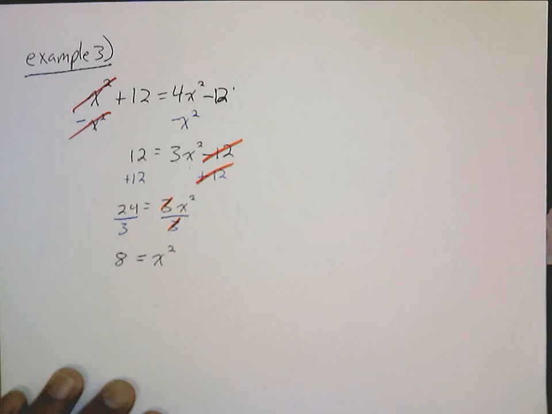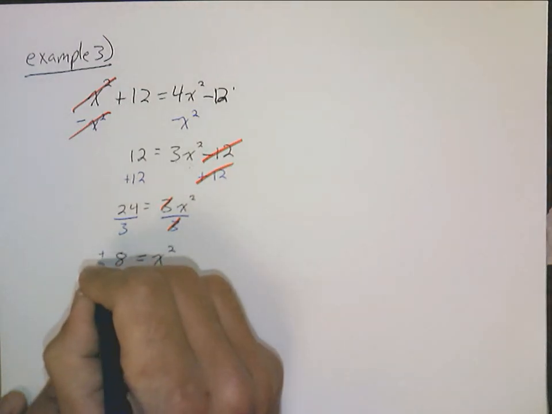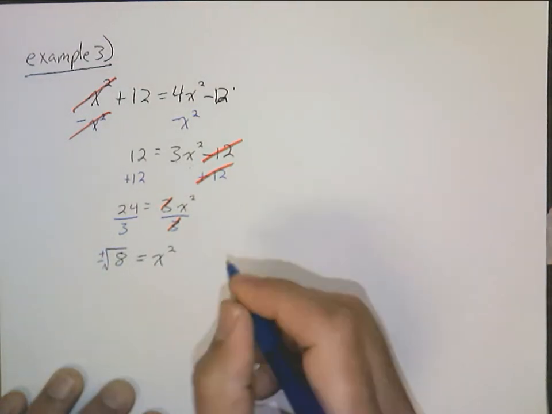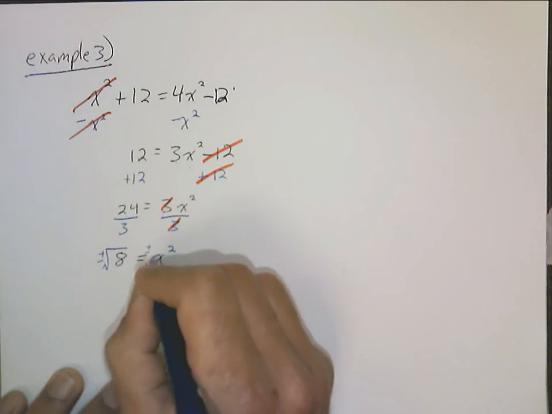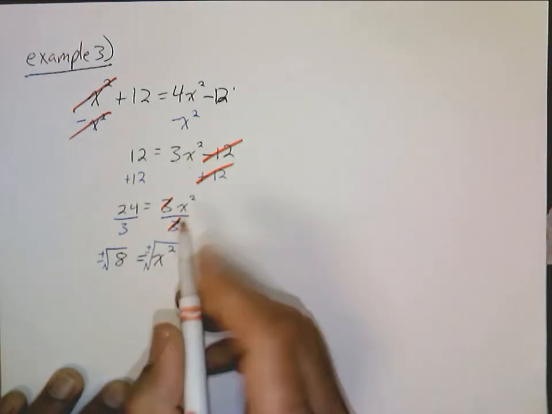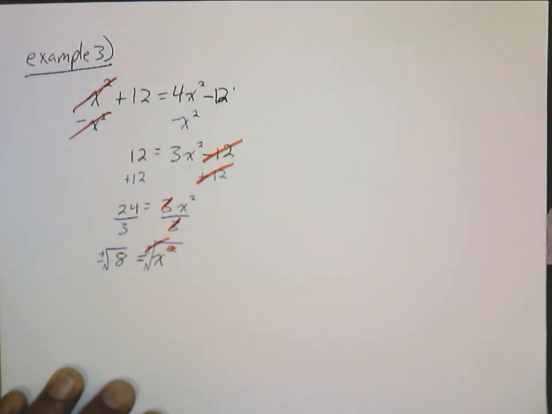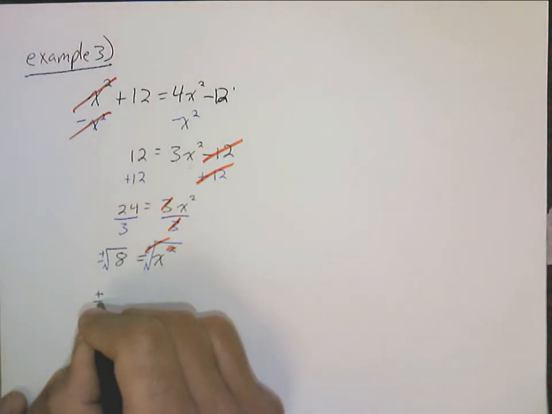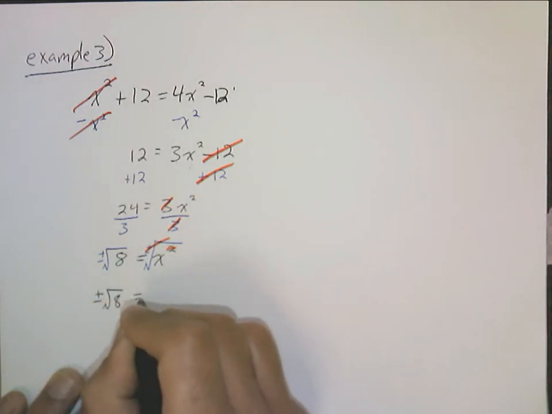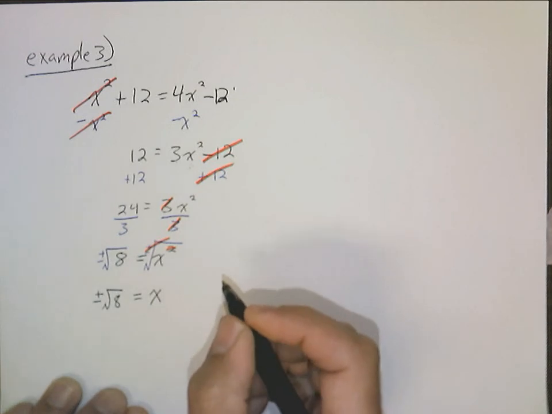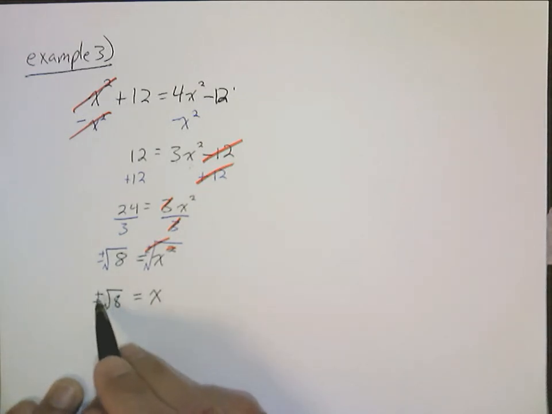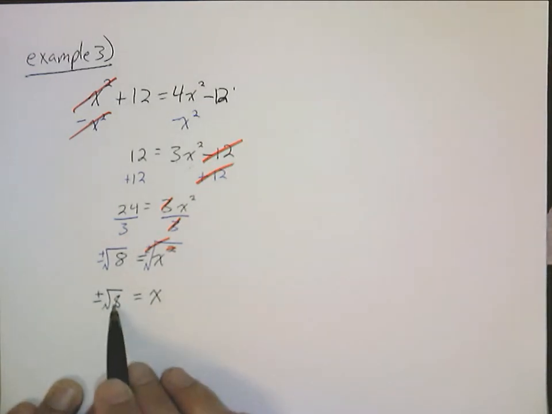And then we're going to take plus or minus the square root of both sides in order to undo the squaring. And now we have that plus or minus the square root of 8 is equal to x. So there are our two different solutions, the positive square root of 8 and the negative square root of 8.